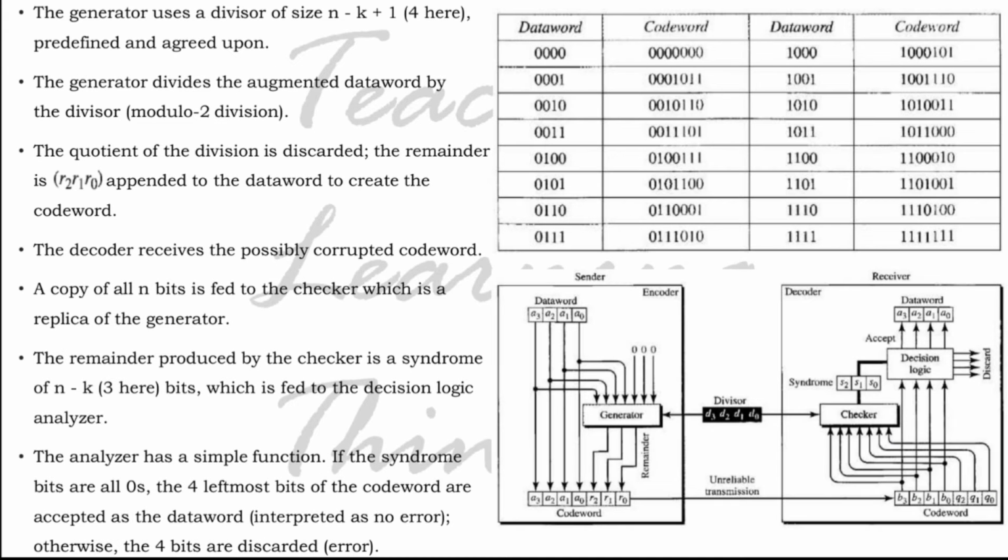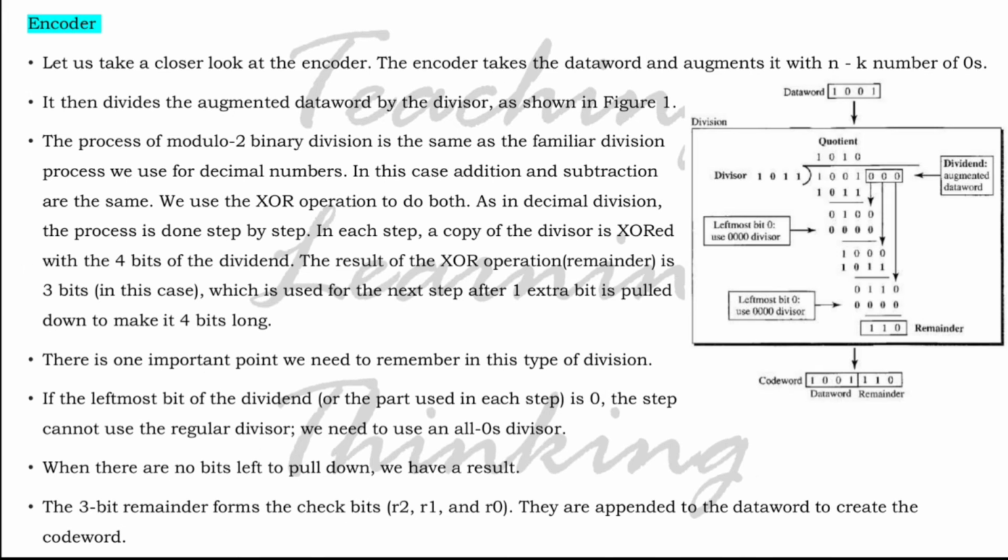So this is used for error detection, and for example we are looking into one example. For the encoder part, let us take a closer look at the encoder. The encoder takes the data word and augments it with n minus k zeros. It then divides the augmented data word by the divisor as shown in figure 1.